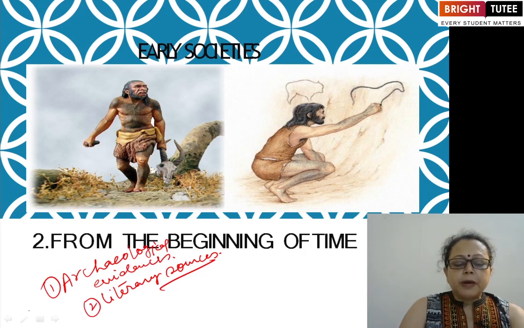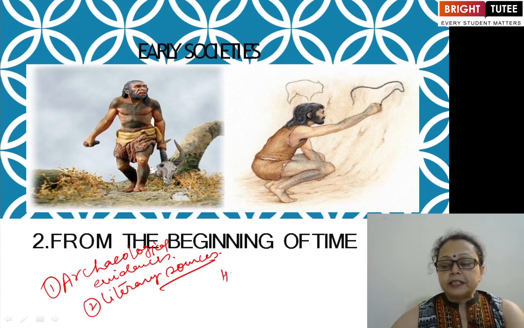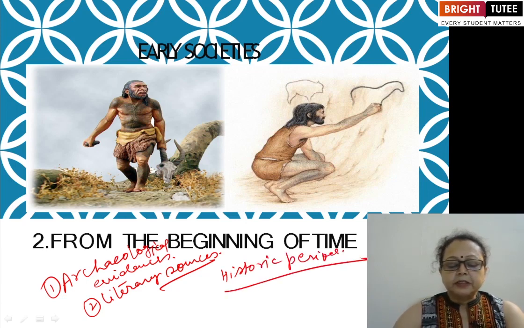The period of man's progress for which we have written sources is known as the historic period. So what is the historic period? In a simple way, we can answer this: the period of man's progress from which we have written sources or written records.